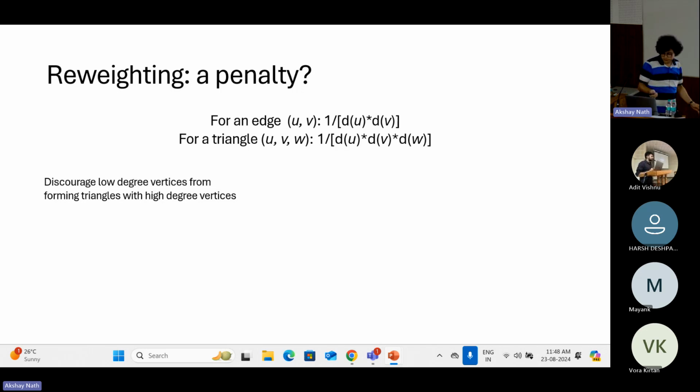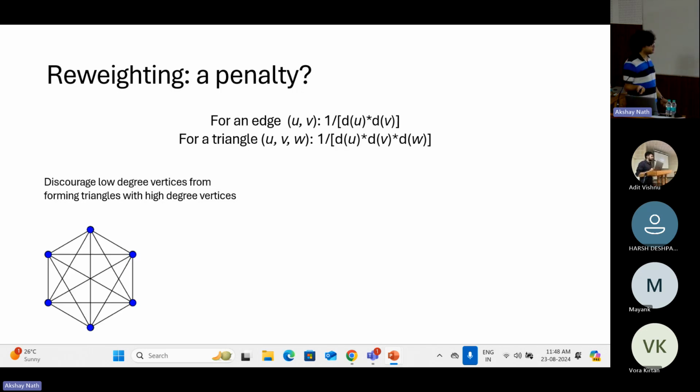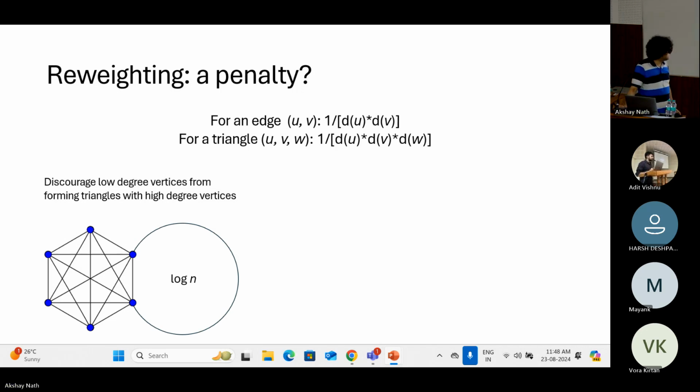So this is essentially saying that if you have low degree vertices, the triangles it forms with high degree vertices are not particularly useful. So you have a complete graph here, and you have this clique of size log n. These vertices over here, they have very high degree. And we say that, okay, all the triangles that these participate in over here, let's not even care about them. Those are low weight. We don't really want to preserve those things.